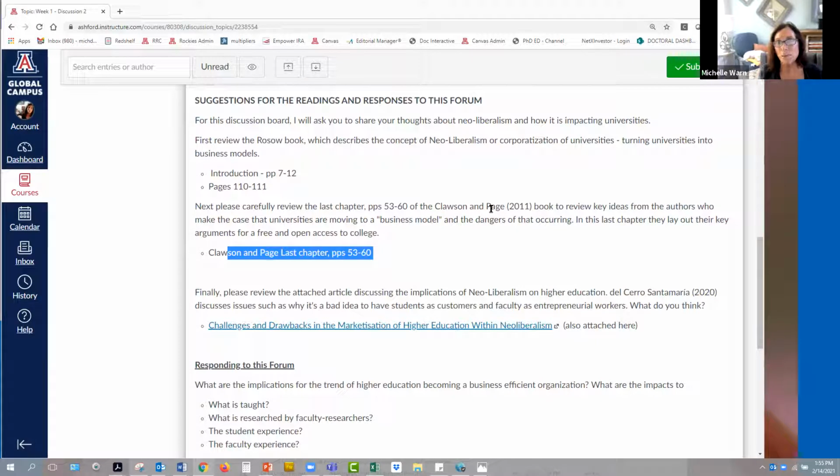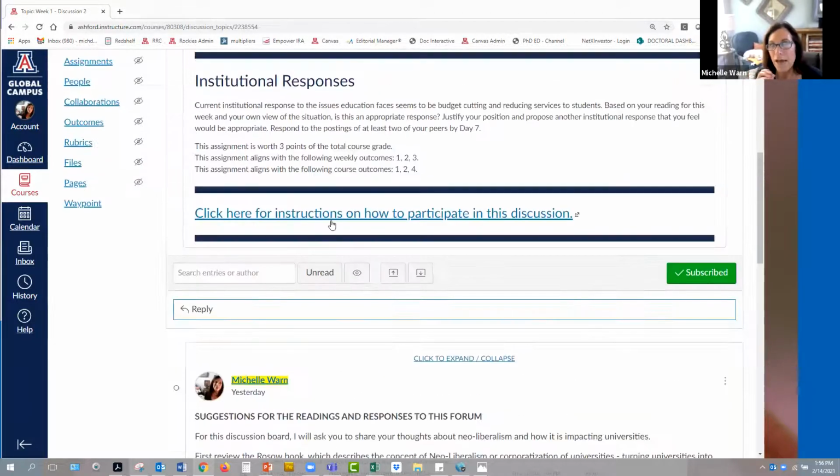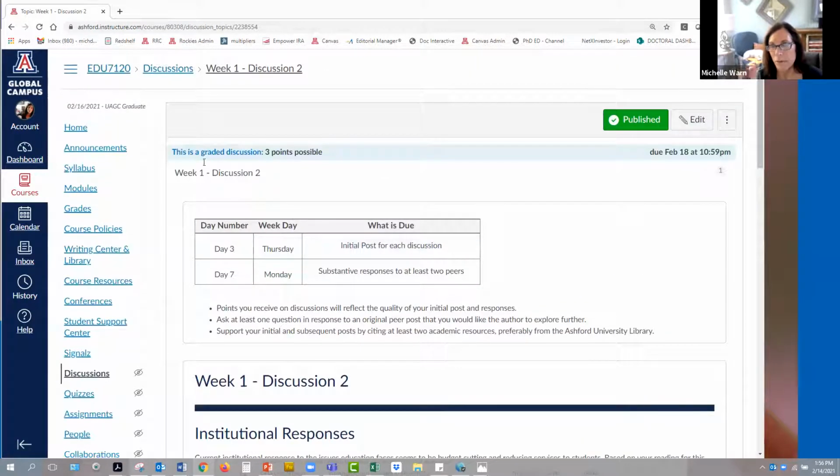And so higher education is moving away from this free thinking, open-minded, new ideas, to this model of everything you do is entrepreneurial, you want to make money, you want to get your bang for your buck. So the whole environment of the academy, of higher education, is changing, and that's what this discussion is about. Okay, so that will help you a little bit as you approach both boards for this week, neoliberalism.